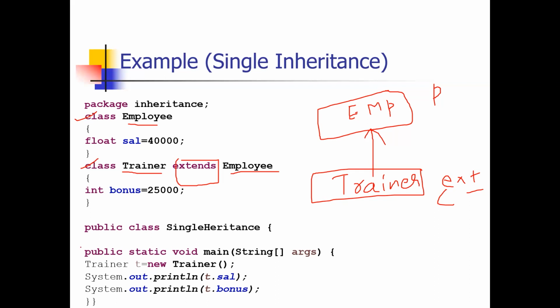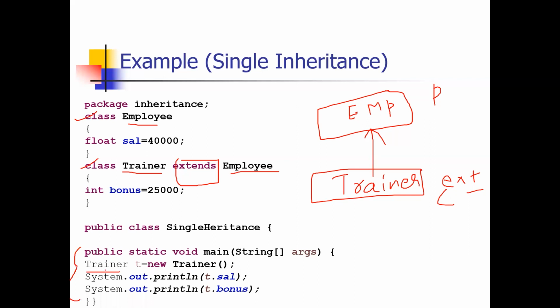So here in the main program, we create an object for the subclass trainer: Trainer t equals new Trainer. The variable name you can take as anything, but remember this trainer should match the trainer on the right side, because we are creating an object for the class trainer. While writing new, it becomes a constructor, and this object is used for the particular class.